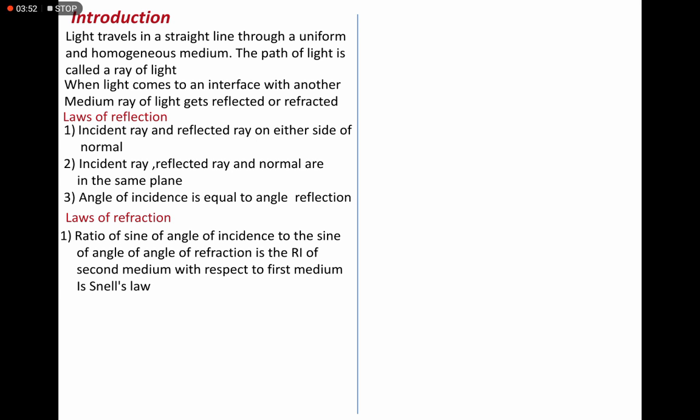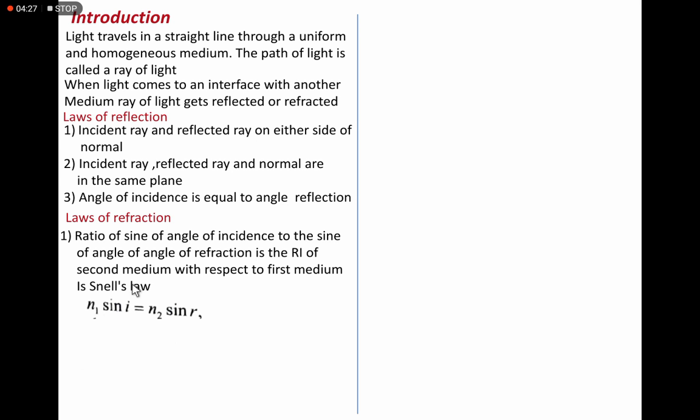If air is the first medium and glass is the second medium, then we write the refractive index accordingly. This law is known as Snell's law. I repeat, the ratio of sine of angle of incidence to the sine of angle of refraction gives us the refractive index of the second medium with respect to the first medium.